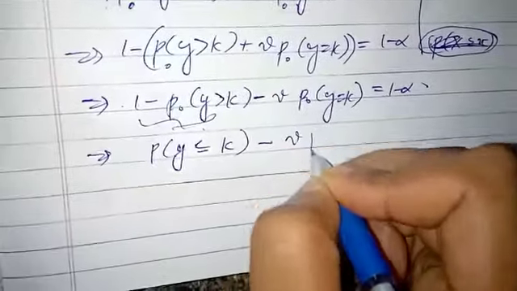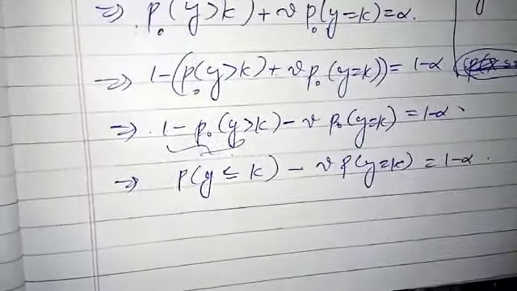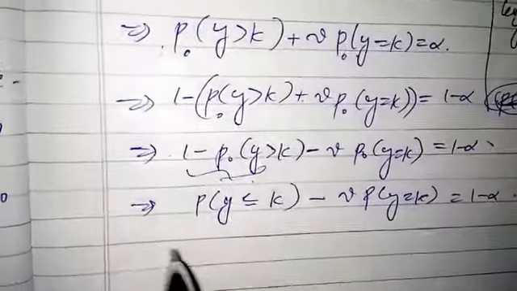Minus gamma probability of y equal to k is equal to 1 minus alpha, right?